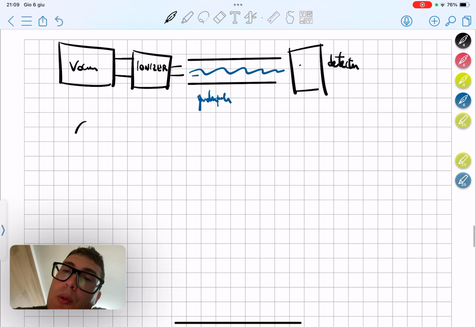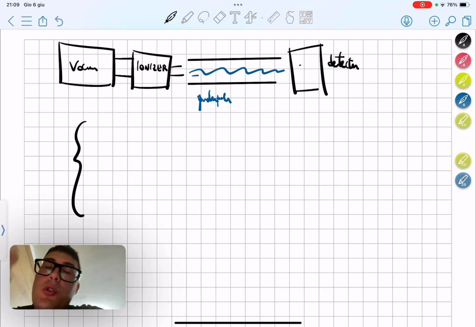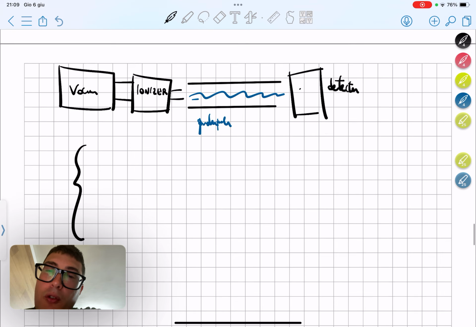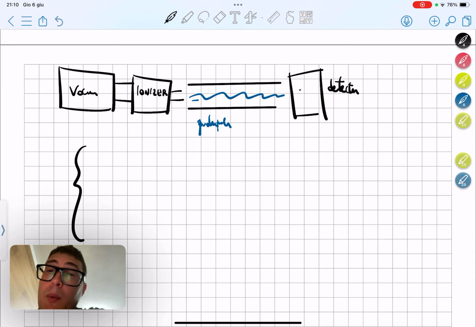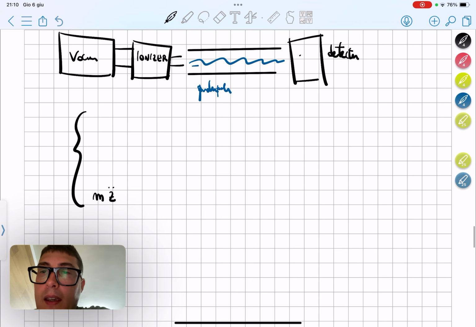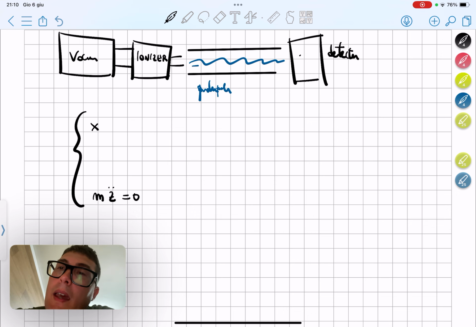So if one wants to write down the equations of motion, the three different equations of motion in the three coordinates that we have, of course we have m z double dot, where the dot means derivative with respect to time, as always, is equal to 0.